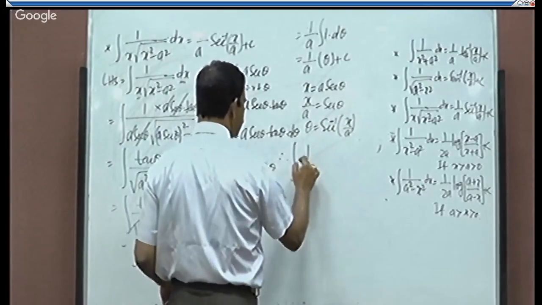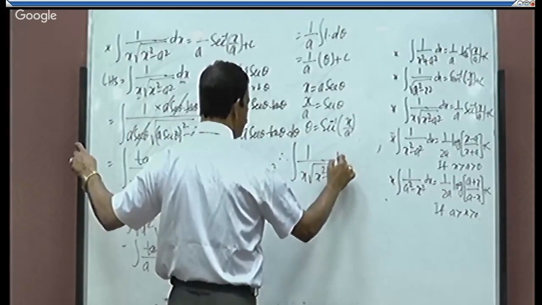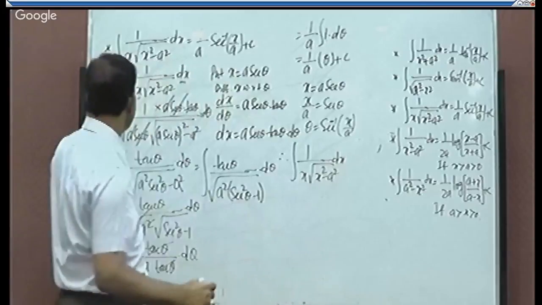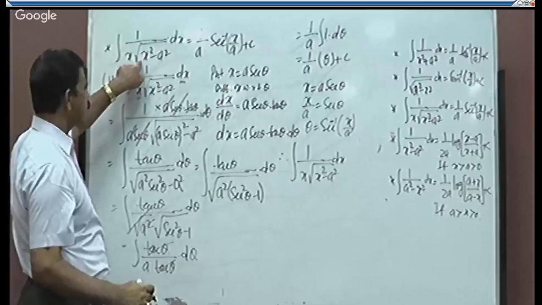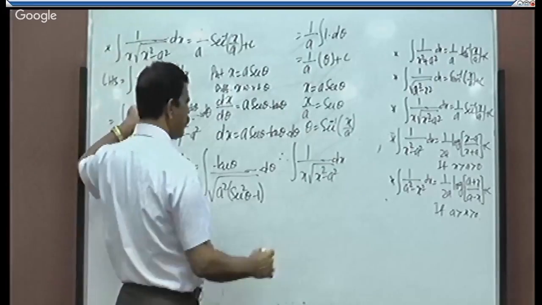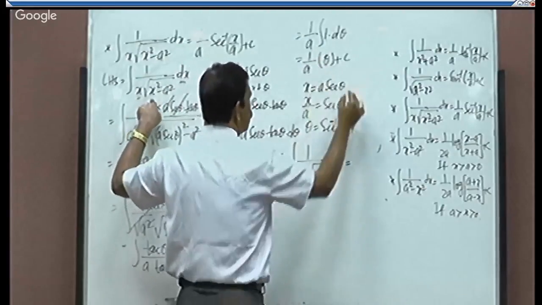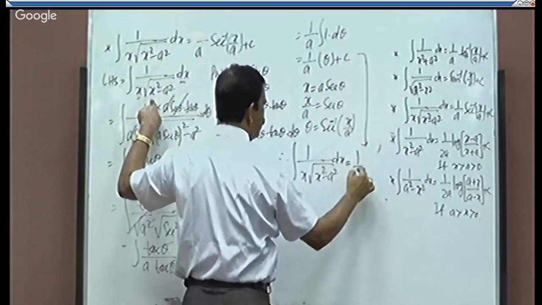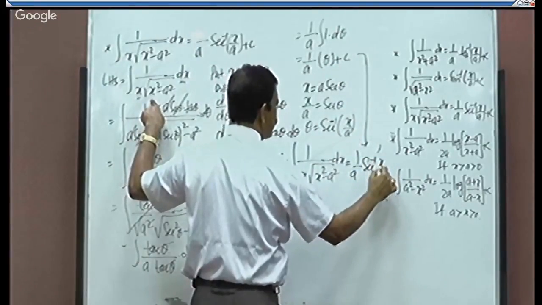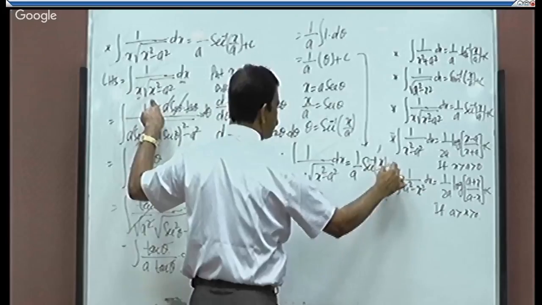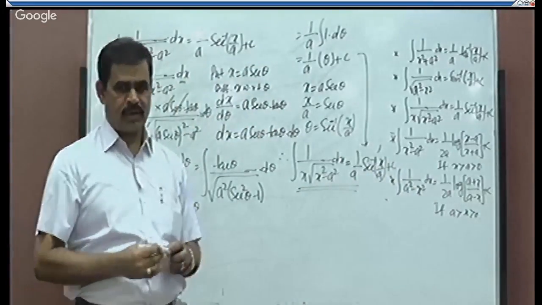Therefore, integration of 1 by x into root of x square minus a square into dx is equal to 1 by a into theta. What is theta? It is secant inverse of x divided by a plus c. This is the proof of the third equation, right?